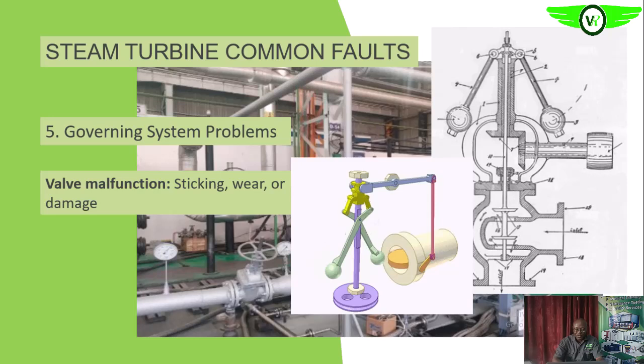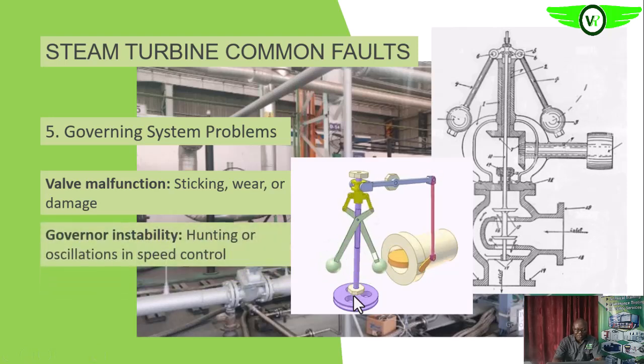Okay. So remember we said the other time that the sensor that is tied to the governing system is looking at the speed of the rotor itself of the turbine. Okay. So if there is instability, it could be hunting, the speed will be going up and down.